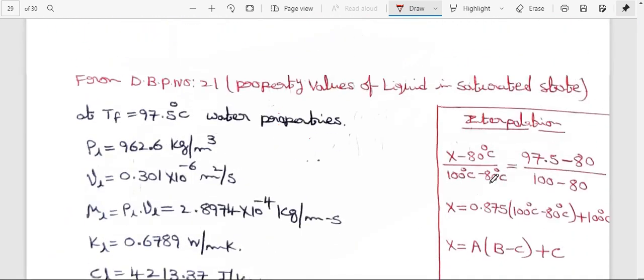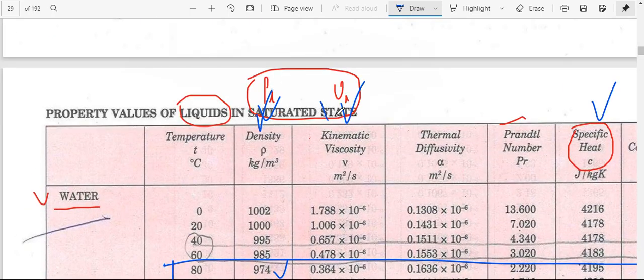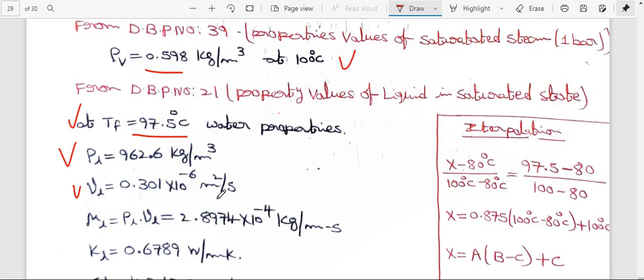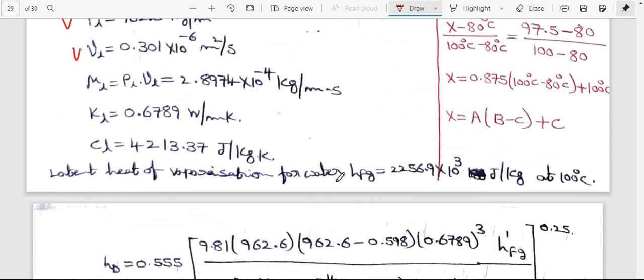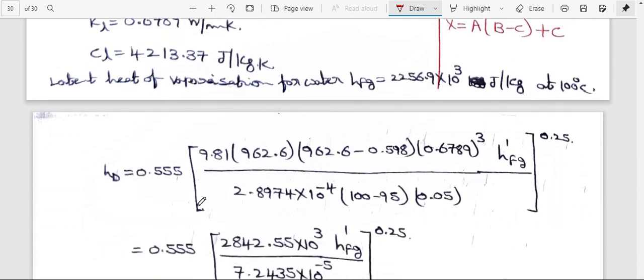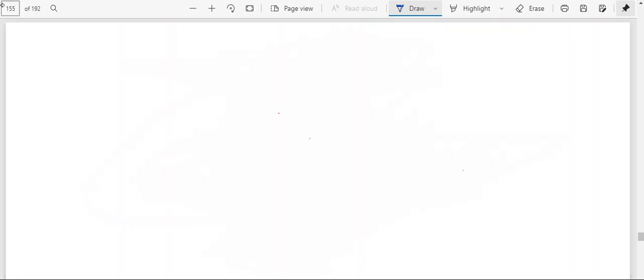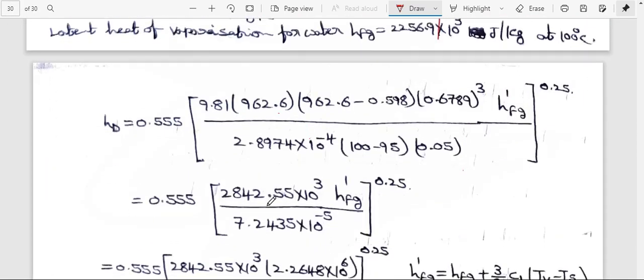After interpolating, the film temperature is 97.5 degrees. Rho L, rho V, specific heat and thermal conductivity values are taken from data book page number 1. We all know the h fg value is taken from data book page number 144. We have to substitute all these values in this formula for h.